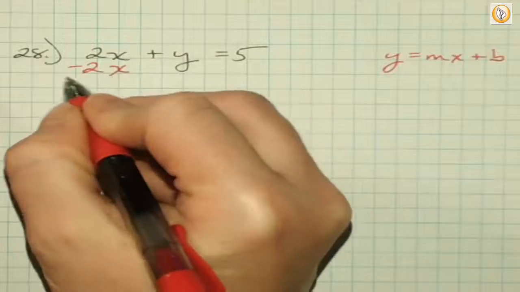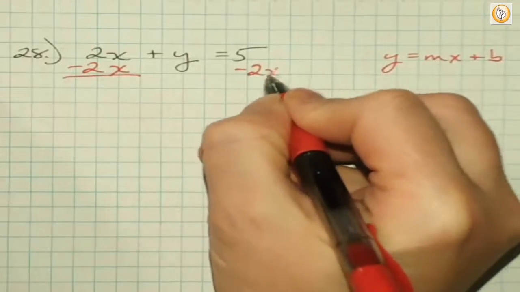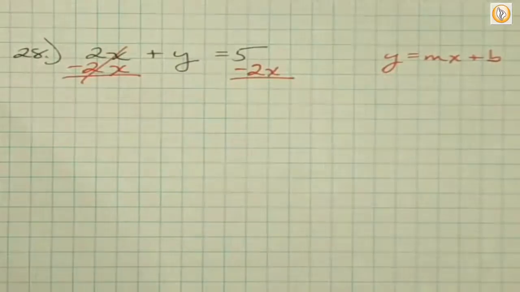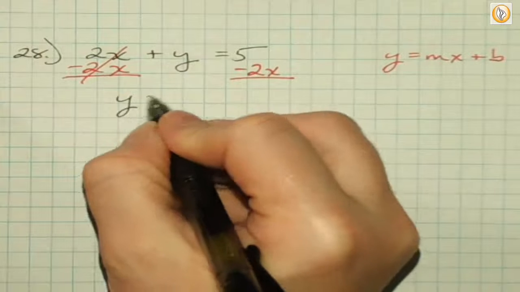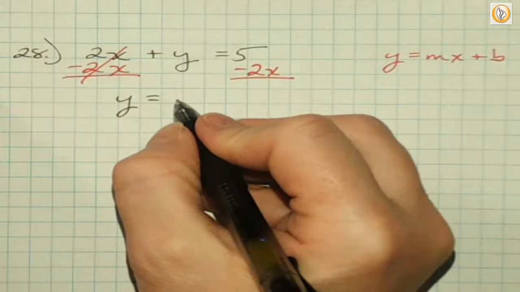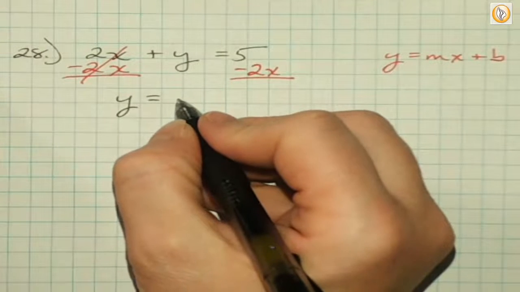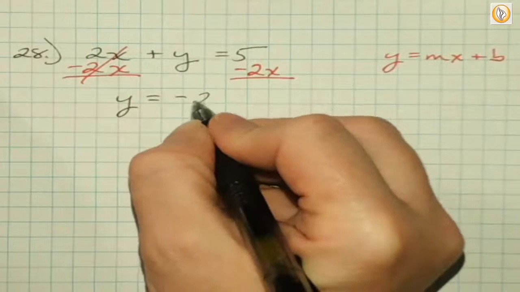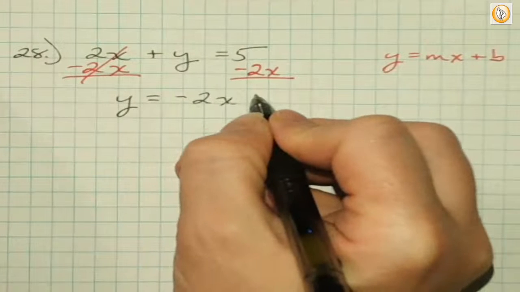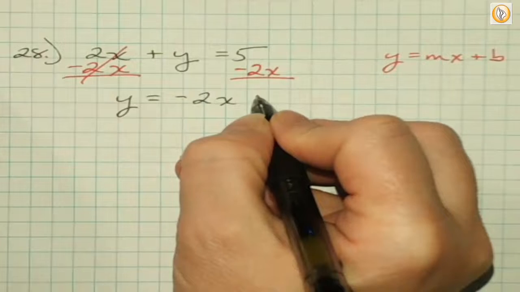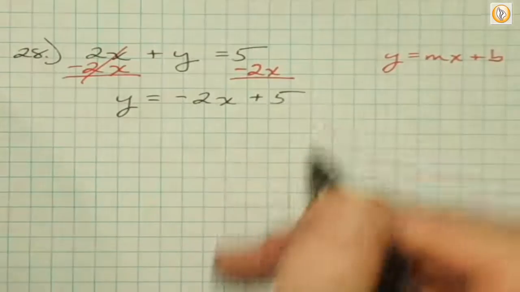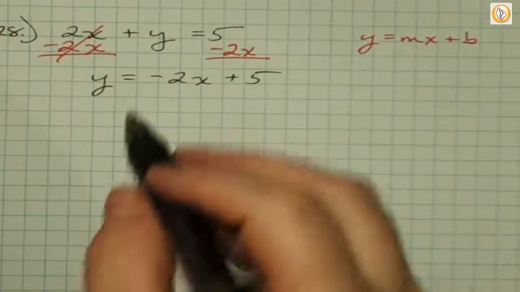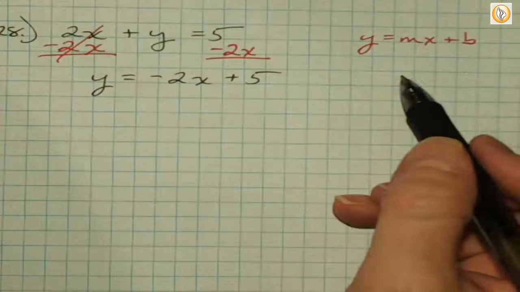So we're subtracting. Good. On both sides. So I get y equals, and you tell me what it should say. Y equals negative 2x plus 5. Okay. Now this is in y equals mx plus b format.